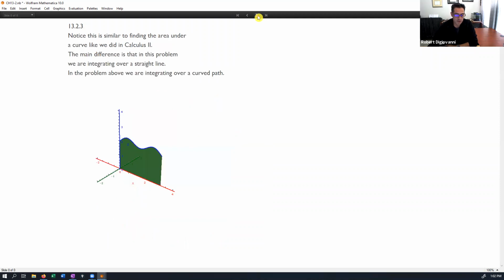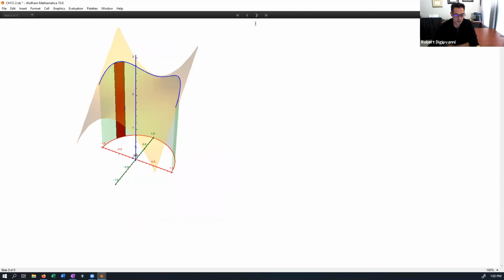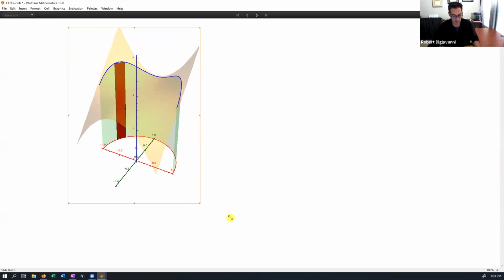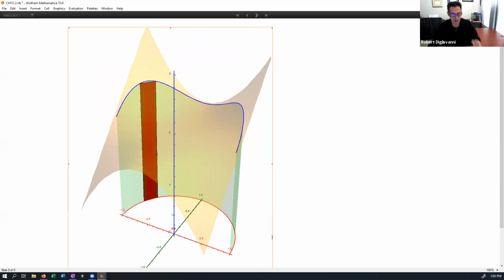All right. So to do this, we go back to Cal 2, and this is where I started talking to you about this picture right here, which is that we need to find the area of this little rectangle along this curve. And so to do that, let me get my marker here. We need to find the length of this piece right here.